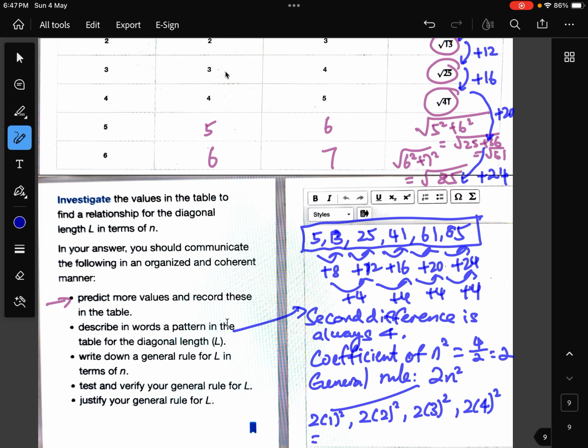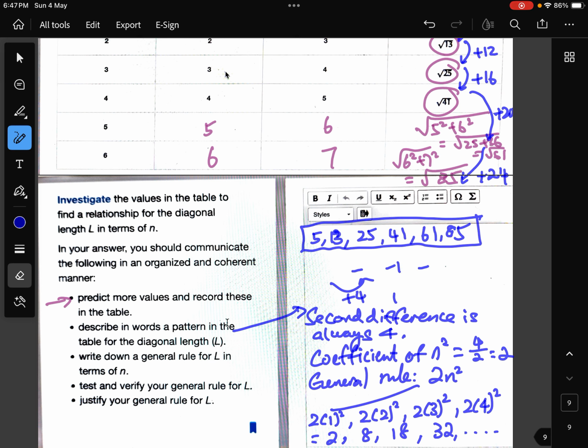Okay, and if you work these numbers out, it's going to be 2, 8, 18, and 32, and so on. Now what I'm going to do is put these numbers side by side with the original numbers, and we're going to see if we can unlock the puzzle here.